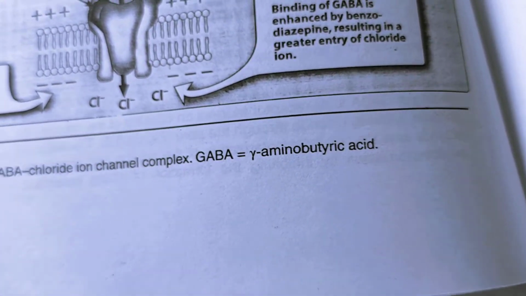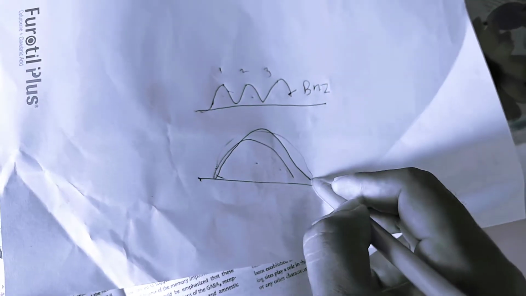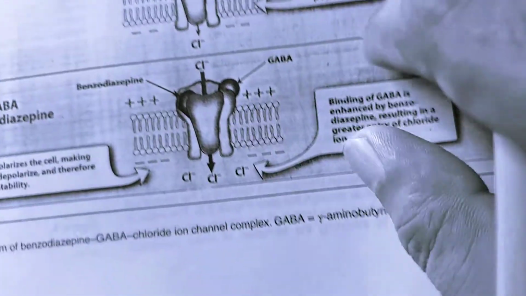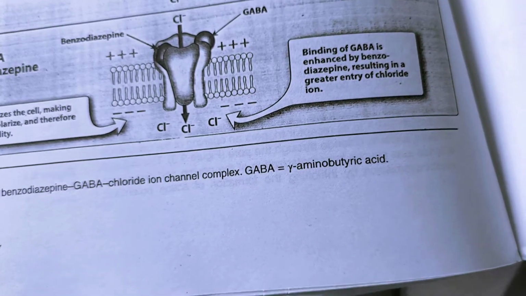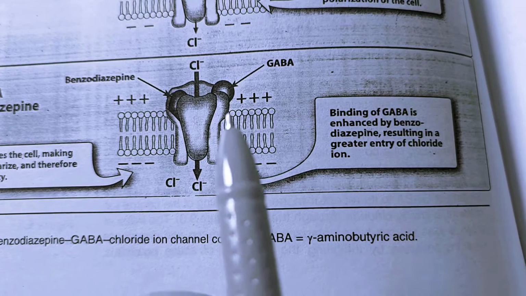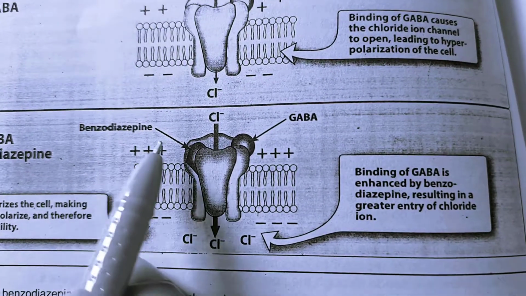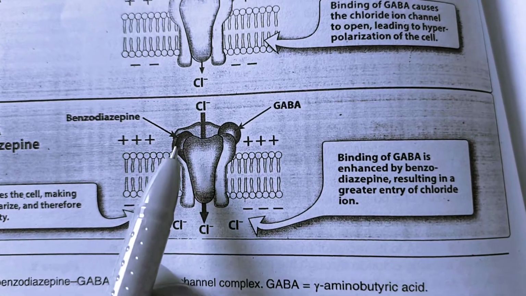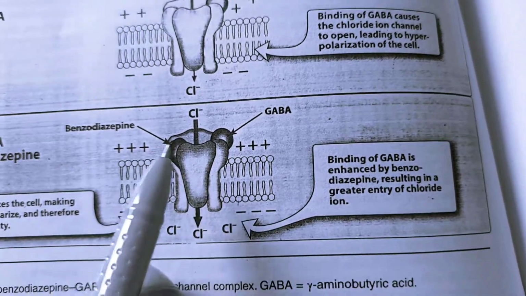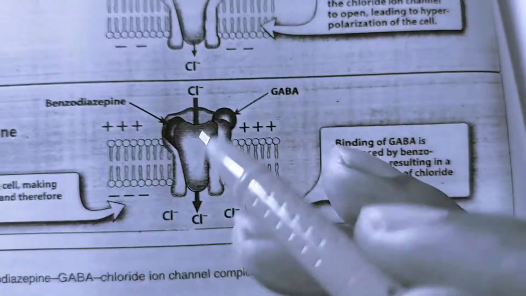But in the case of barbiturate, it increases the duration of opening. The duration is longer in the case of barbiturate. So the difference between the benzodiazepine and barbiturate on the receptor is frequency and duration.